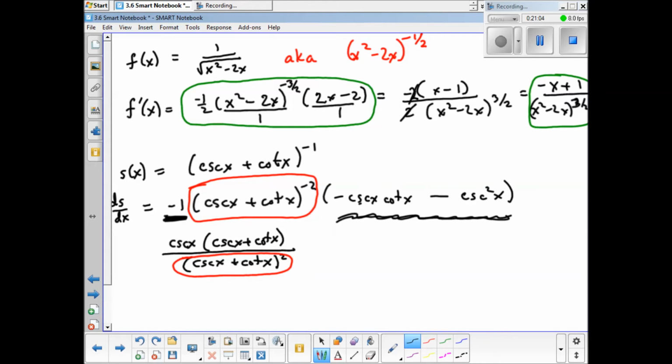The reason I did this is because you can see how this would clean up. This would cancel out with one of the factors of cosecant x plus cotangent x down below, and the answer can actually be written pretty nicely as csc x over csc x plus cot x. And this can be written in terms of sines and cosines as well. But that's pretty clean.